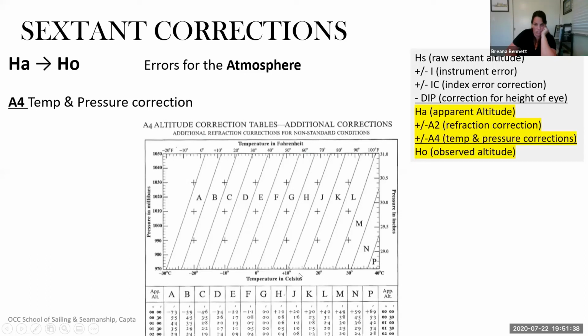And then I follow the J down here and see what my apparent altitude was, and get my correction. We will do an example of this, but that's basically how you use this graph. You meet these two wherever they are, and then you follow what column you're in, or diagonal.